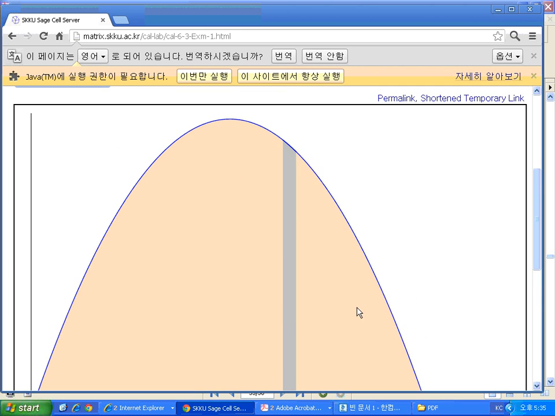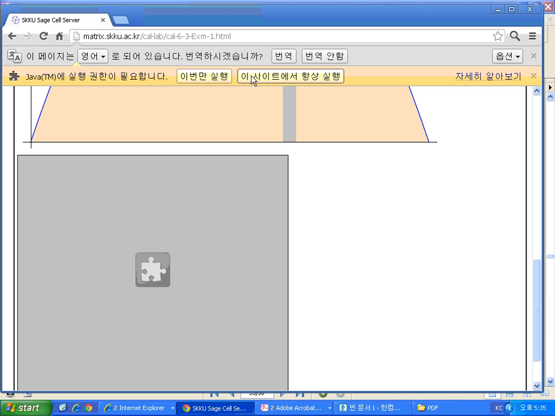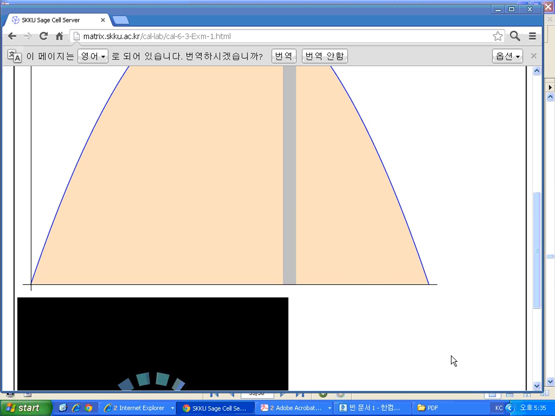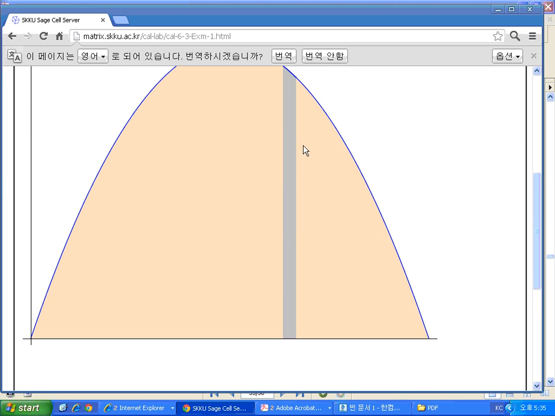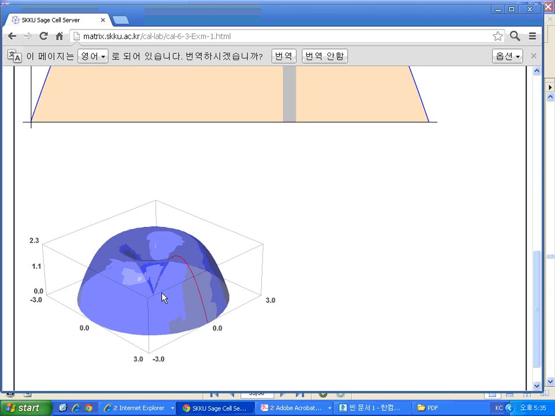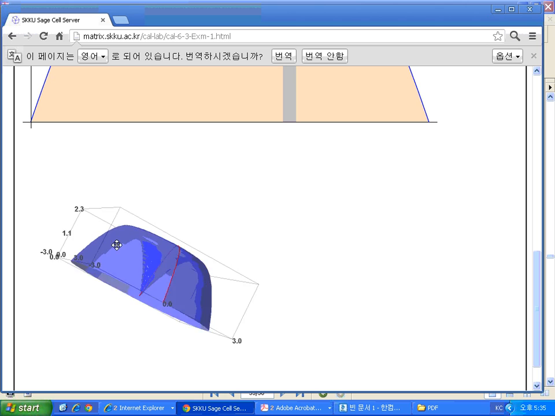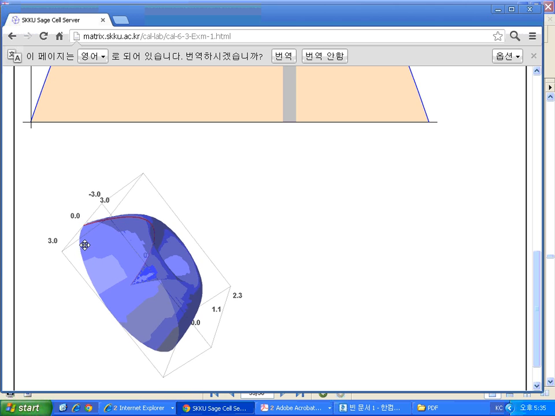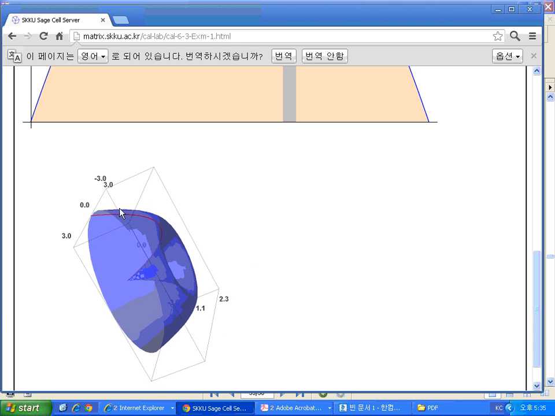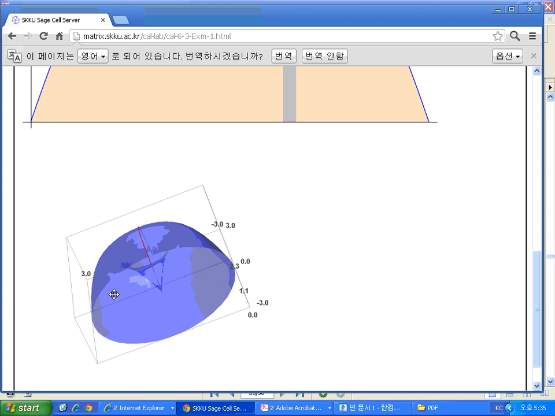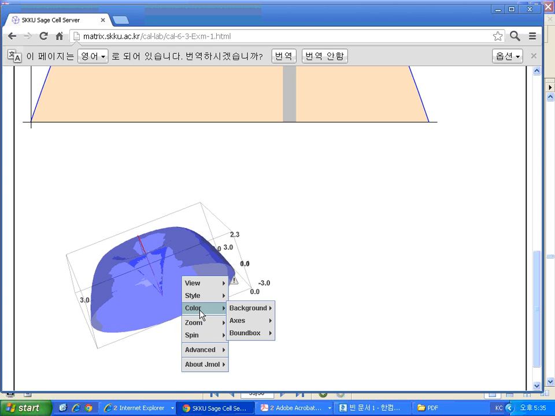Here, we are rotating this shape with respect to the y-axis like this, and we are looking for this volume. We may just rotate it.